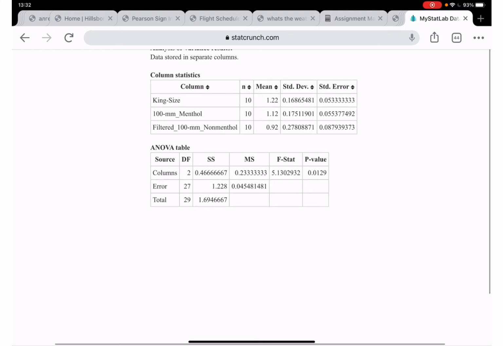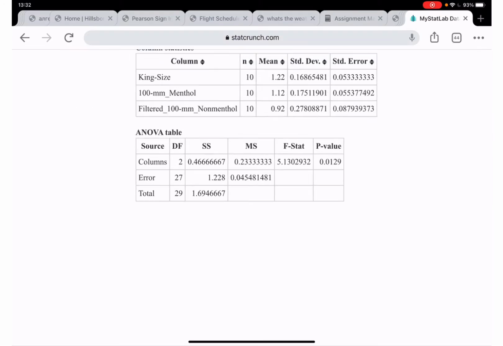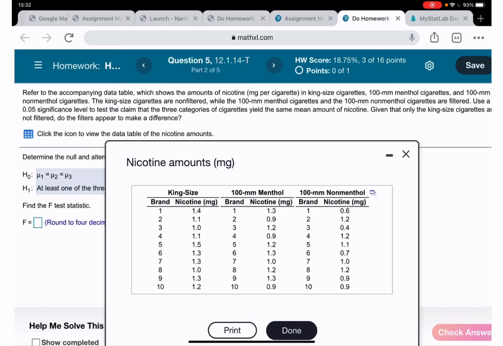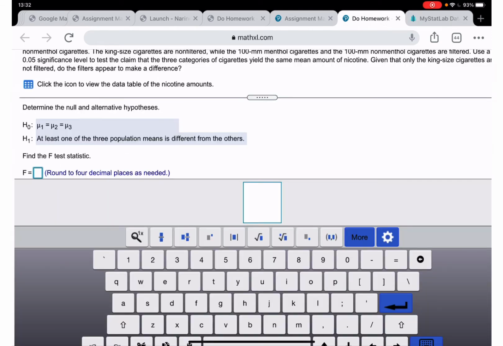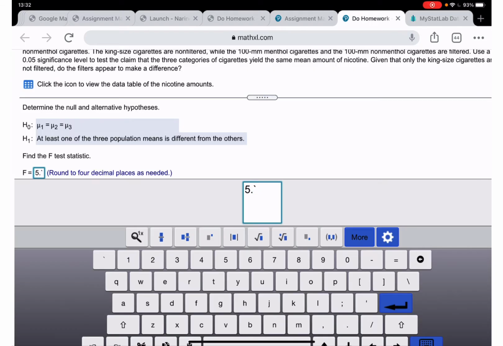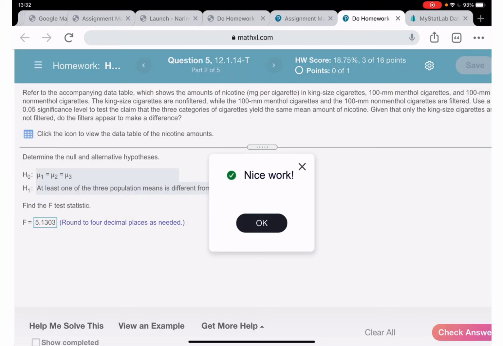The F statistic is 5.1303. It's from the ANOVA table. Four decimals. Okay, all right, we are good.